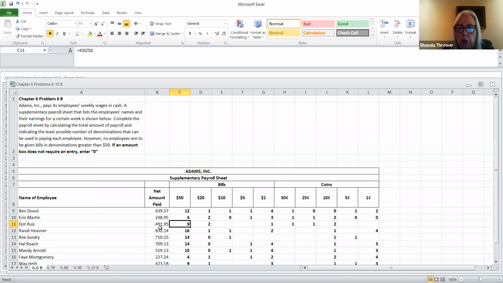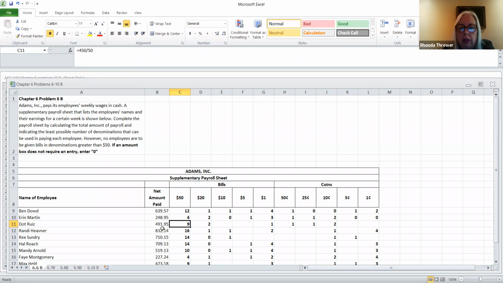This time I'm going to use $450. So $450 divided by $50 bills means that you need 9 $50 bills in order to pay Don Ruiz. And if you multiply 9 times 50, it will give you $450.